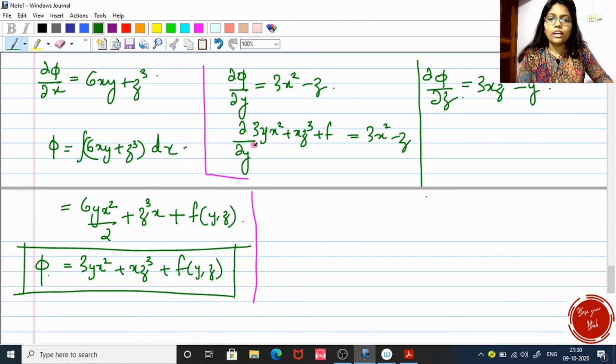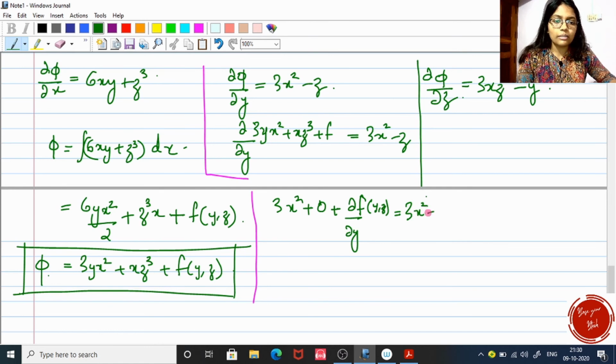So derivative with respect to y, 3yx square's derivative is simply 3x square, plus xz cube has no derivative because the variable is y here. So it is 0 plus dou by dou y of f. So 3x square minus z.